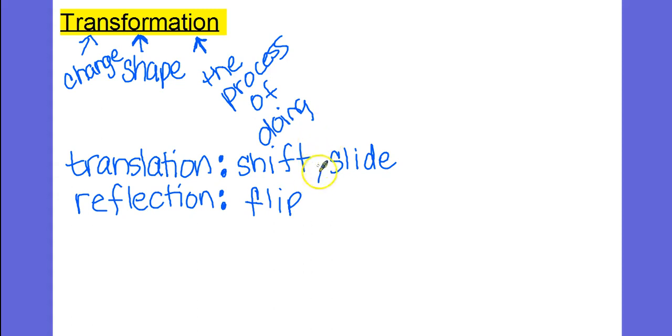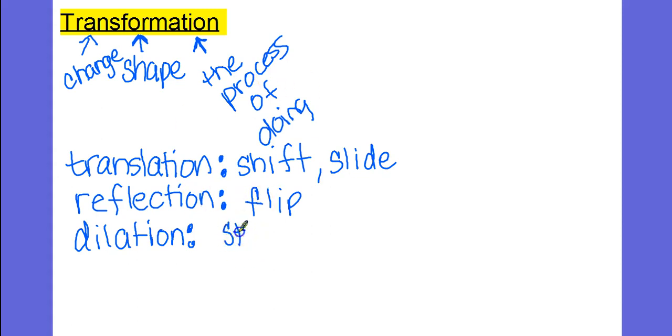But a reflection is a flip. Then we can dilate or perform a dilation. Now when your pupils dilate, what do they do? Dilation isn't a squeeze down. A dilation is an open, it's a stretch.